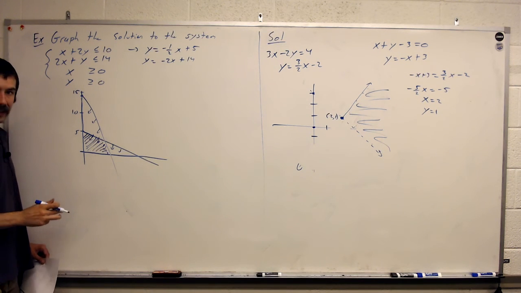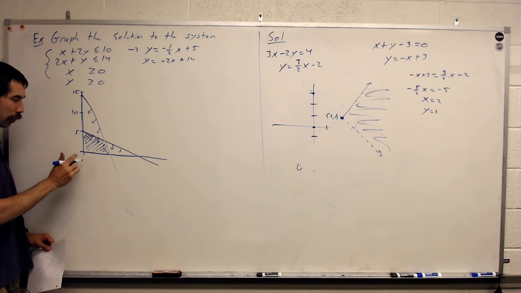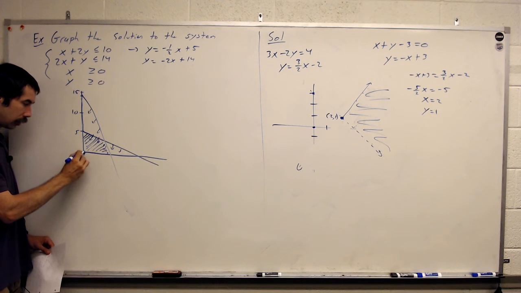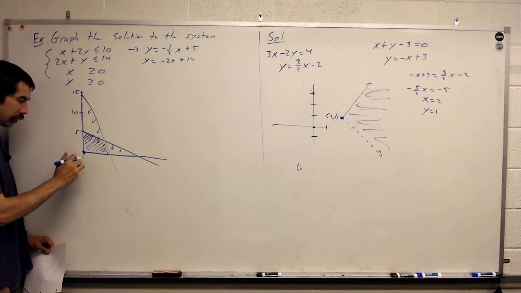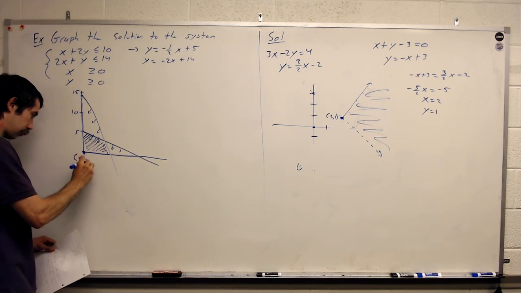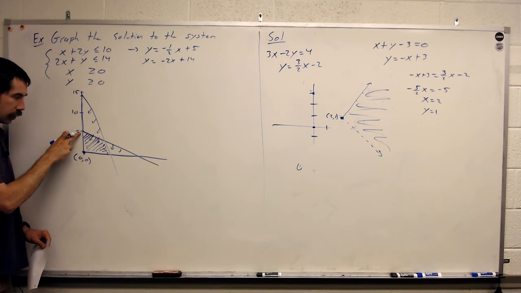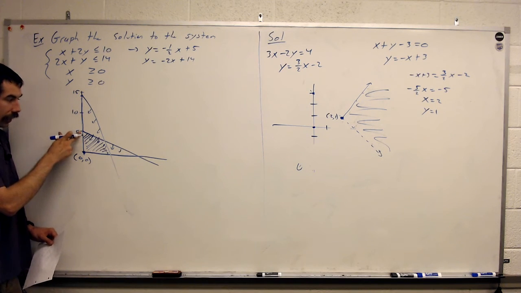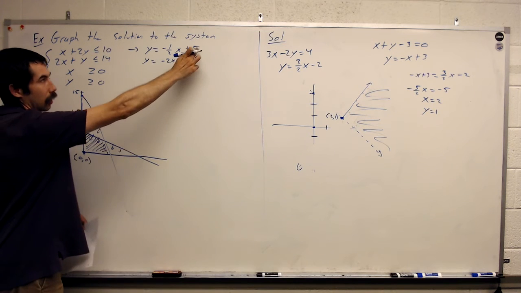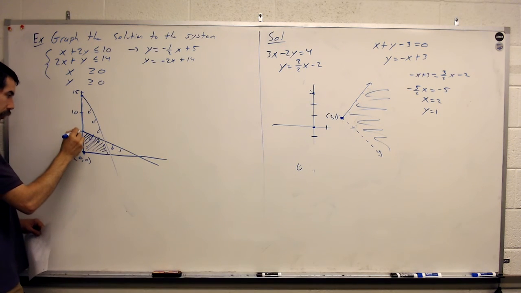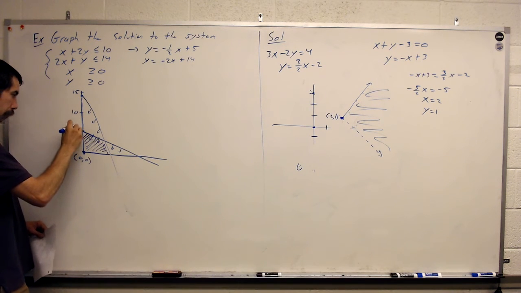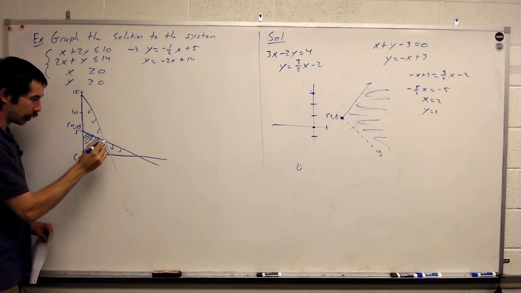Okay, the last thing we need, though, is the corners. This corner is easy. It's the origin. This corner is also easy. It's the y-intercept of this line here. This corner, not that easy.